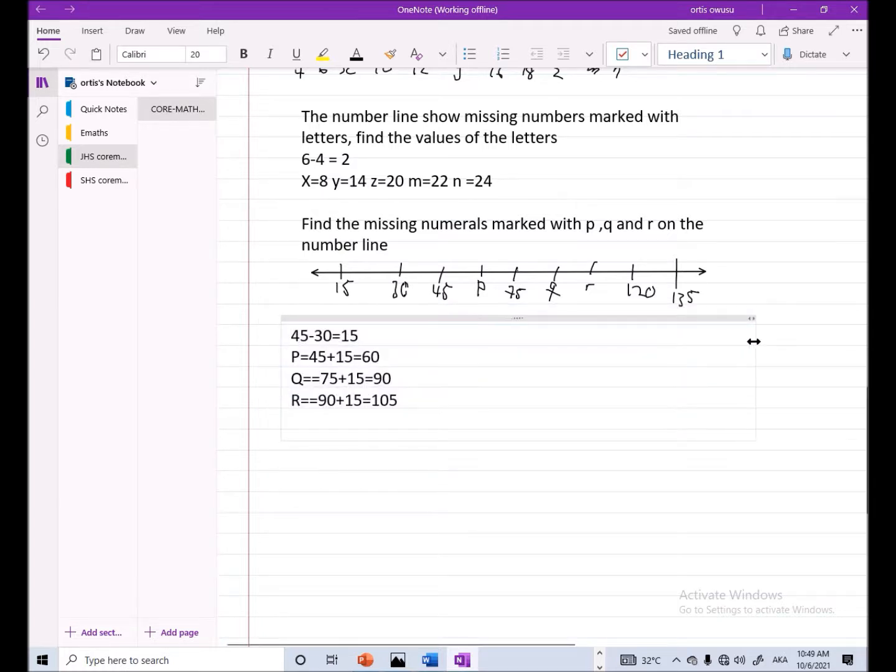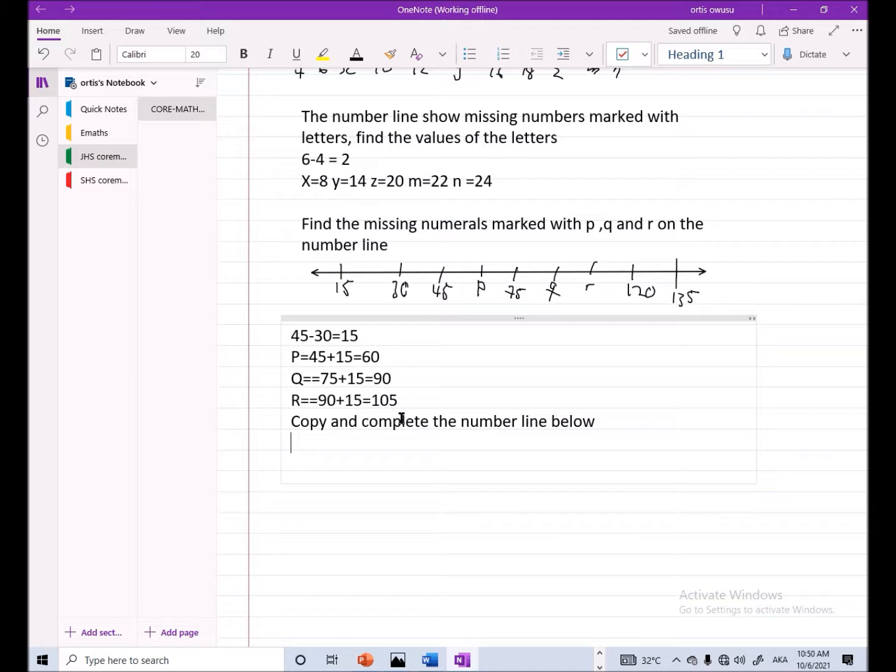Okay, so let's look at this. Copy and complete the number line below.